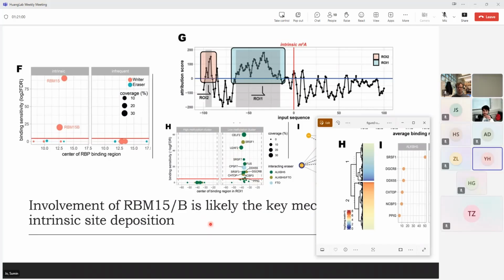So what you're showing here is that this group of RNA binding proteins enriched in the low methylation group are known to interact with erasers, and specifically. So the colors of these RNA binding proteins show the specific erasers that they interact with, right?